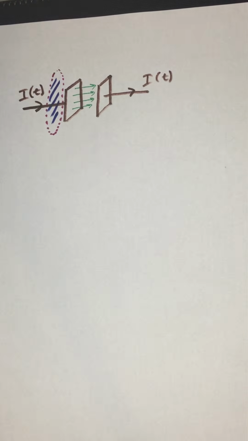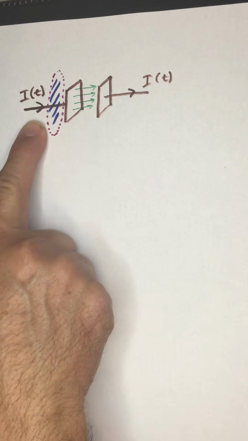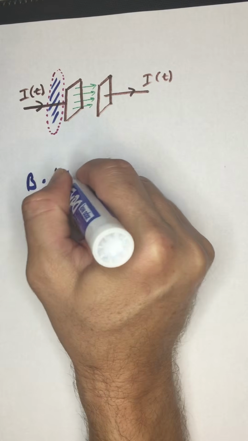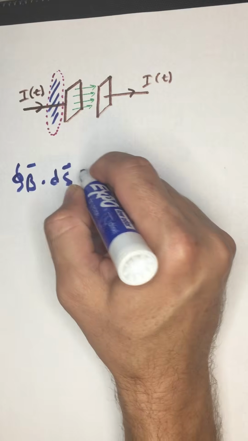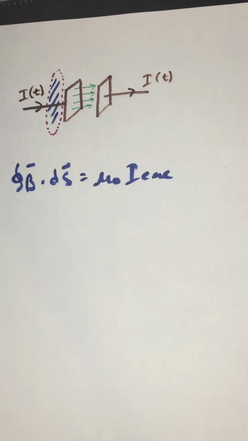And clearly, if that's the surface I'm choosing, then Ampere's law works just fine. The current enclosed is not zero. Let me write down Ampere's law so you see what I'm talking about. The closed integral of B dot ds is equal to mu naught I enclosed.